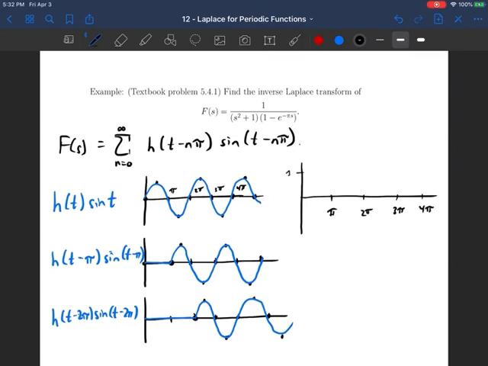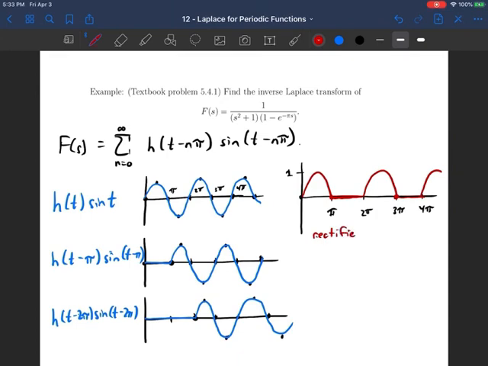So pi, 2 pi, 3 pi, 4 pi, etc. If this is 1, what the graph will end up looking like is the following. It'll go up and then come down in the normal way, and then it'll be 0. And then it'll go up and come down in the normal way, and then it'll be 0.